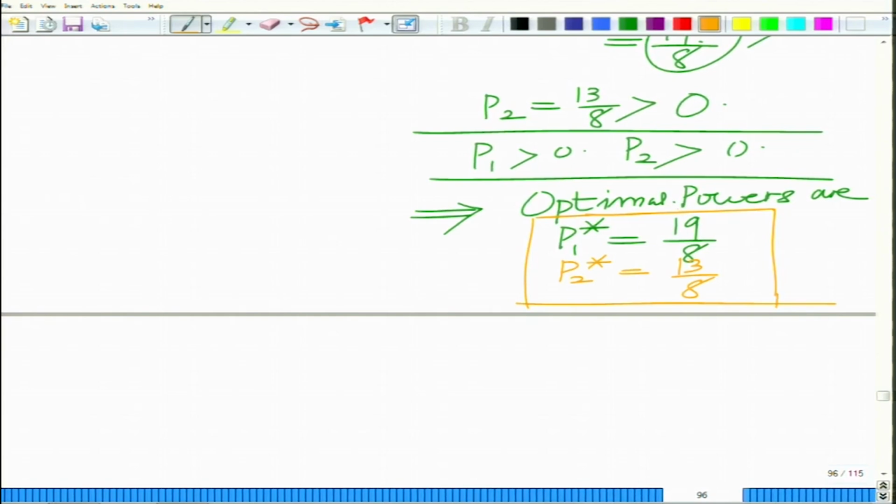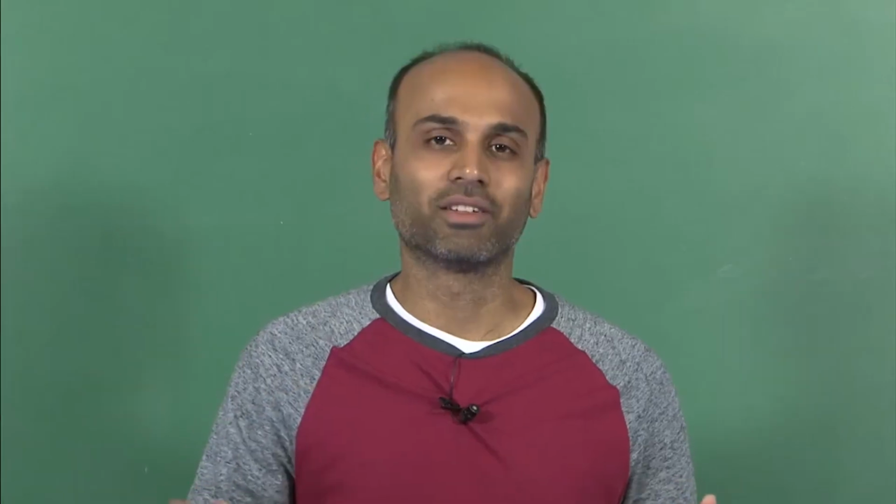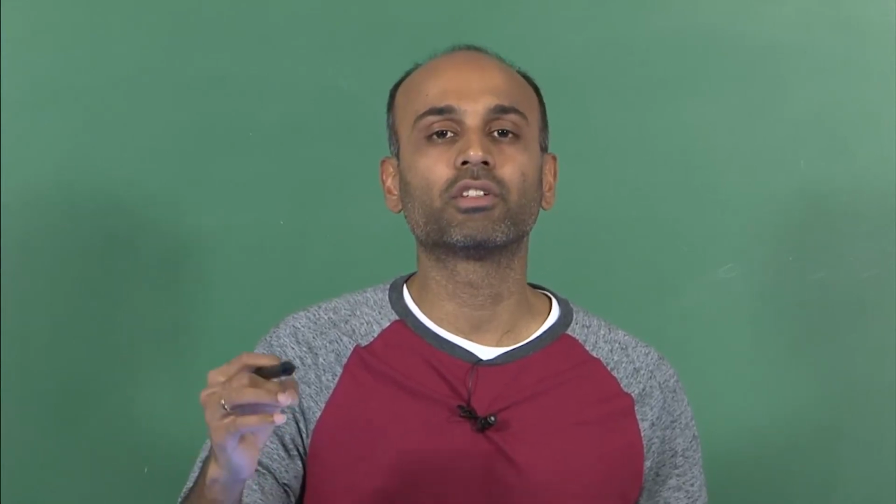So, we would have to assume something else and redo it. Here we are able to show that the powers P1 star and P2 star are indeed non-negative, indeed they are positive. So, the original assumption is correct, and non-negative powers are indeed allocated to both the channels.